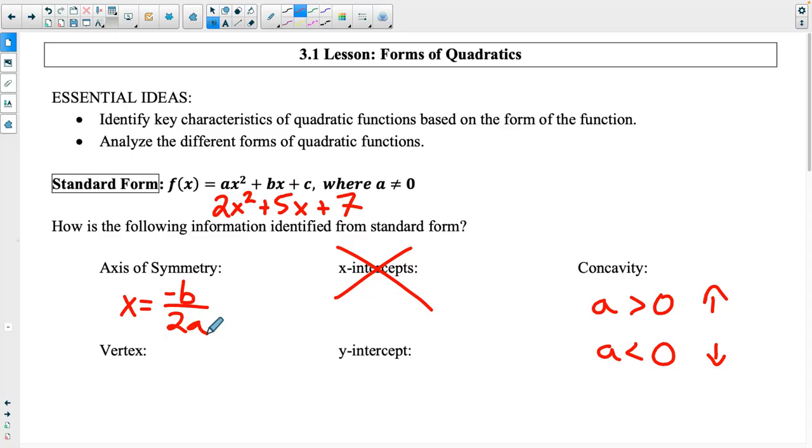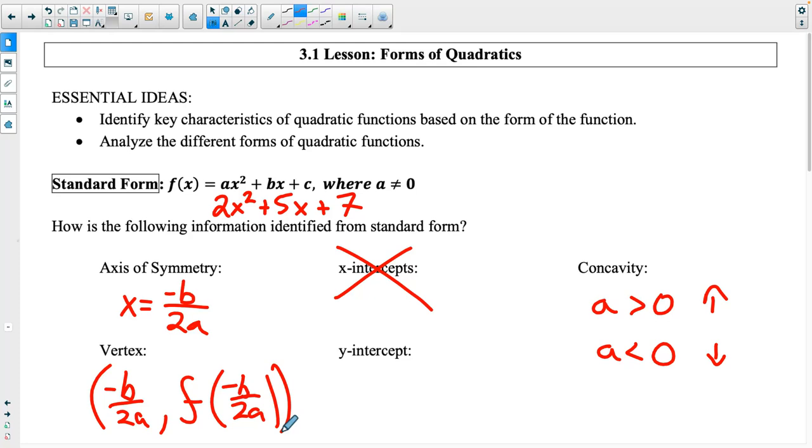Now, we actually can find our vertex with that. So my x-coordinate of the vertex is negative b divided by 2a. And then what we did is we plugged it in, and mathematically, to show we're plugging it in, I just put f of whatever that number is. And so it kind of looks like that.